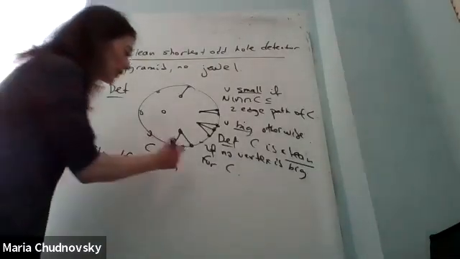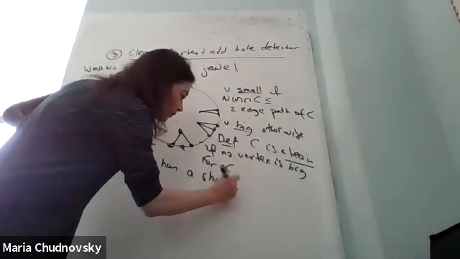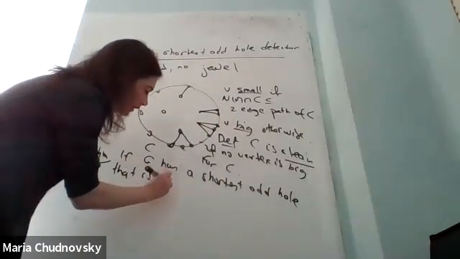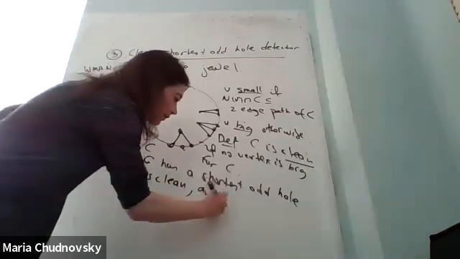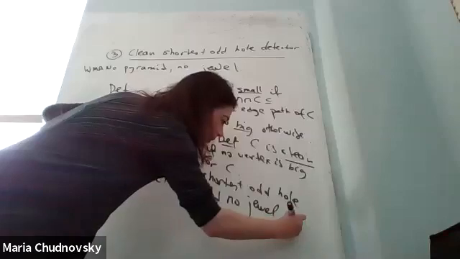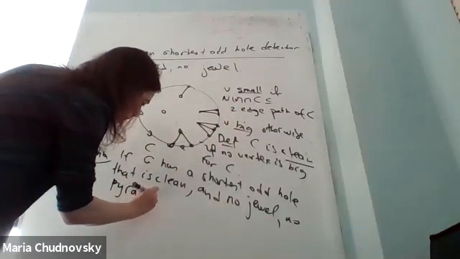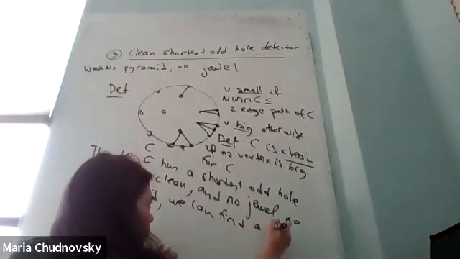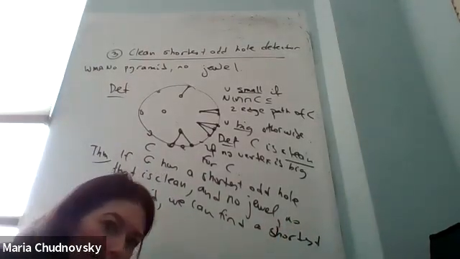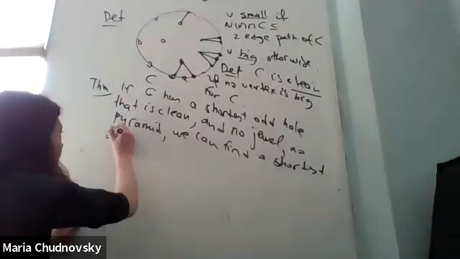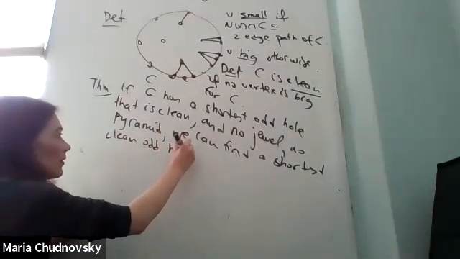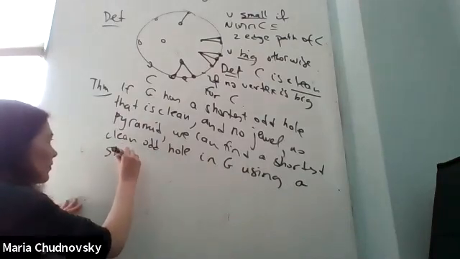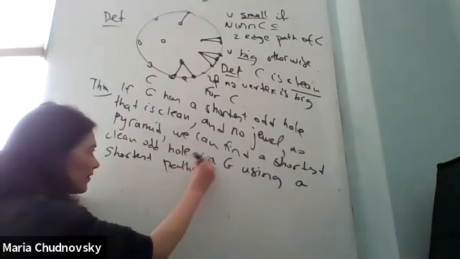Okay. So theorem: if G has a shortest odd hole that is clean, and no jewel, no pyramid, we can find a shortest clean odd hole in G using a shortest path detector.